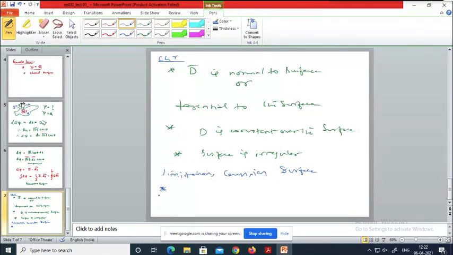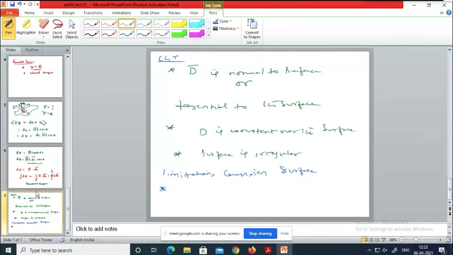Gauss law will not be applicable when the flux is not normal to the surface, and it can only be applied to a closed surface. These are the two limitations: it is limited to closed surfaces, and it is applicable where D is normal to the surface everywhere.